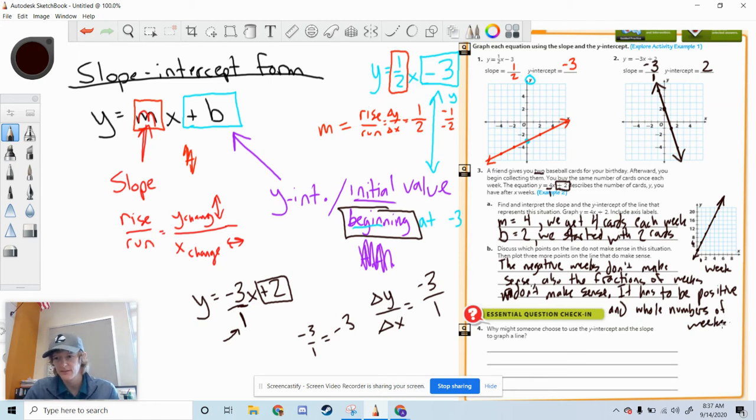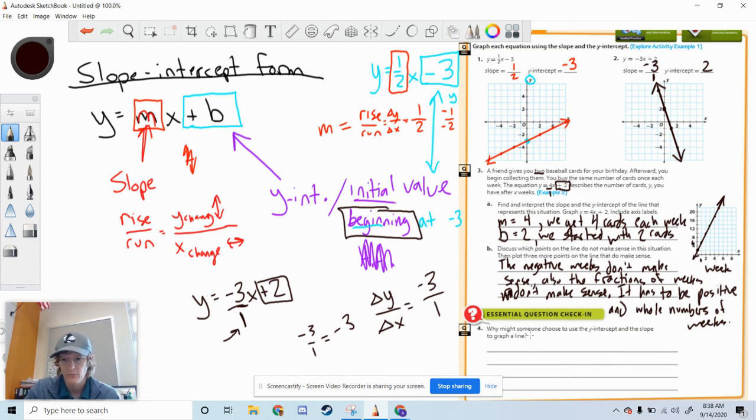I think that explains it. I think that covers it. It has to be positive and has to be whole numbers of weeks if we're going to use this equation. It really doesn't make sense to say in 2.5 weeks I have 10 cards. It just doesn't really work. I think it'd be 9.